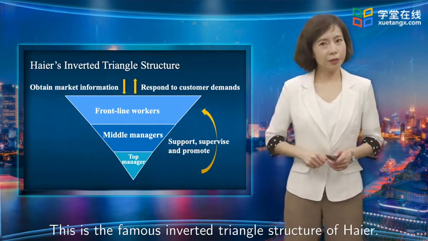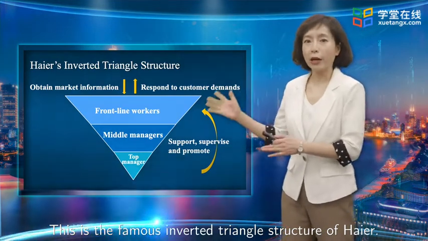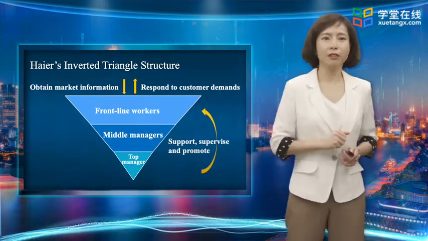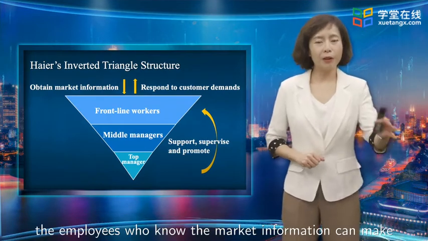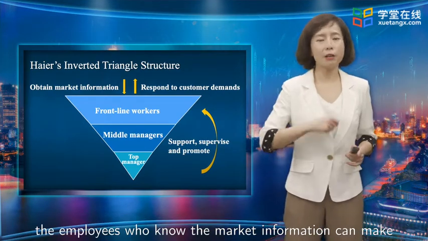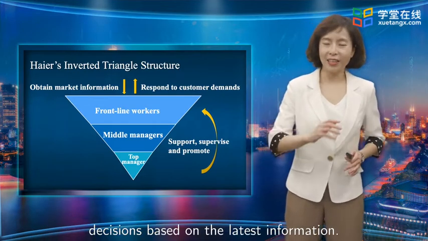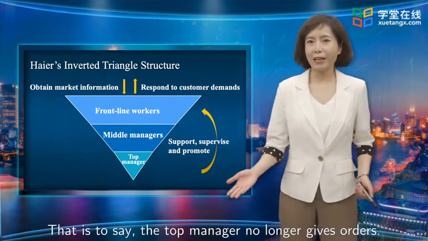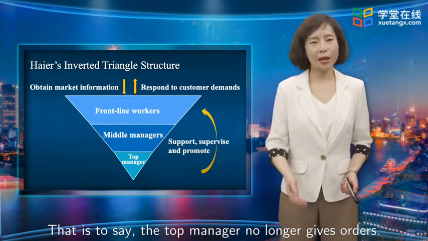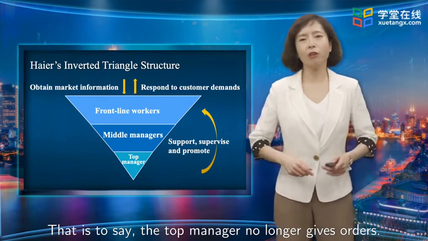This is the famous inverted triangle structure of Haier. In this way, the employees who know the market information can make decisions based on the latest information. That is to say, the top manager no longer gives orders.